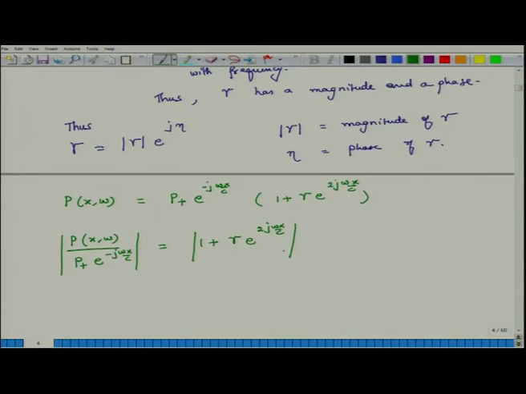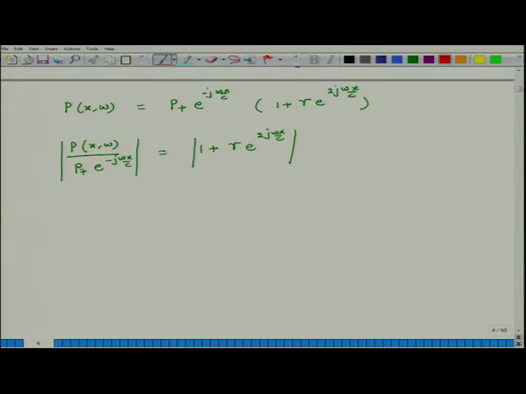On the left side I have a numerator and a denominator, and the modulus of the entire thing is the modulus of the numerator divided by the modulus of the denominator, right. So, I can rewrite it as the modulus of P of x, omega divided by the modulus of P plus, times the modulus of e to the minus j omega x over c, and this equals the modulus of 1 plus gamma e to the 2 j omega x over c.